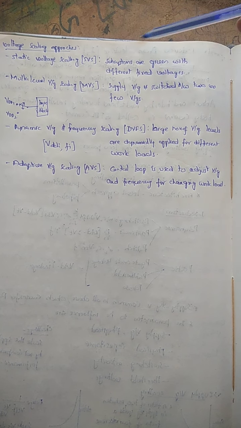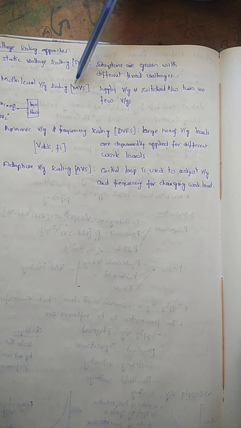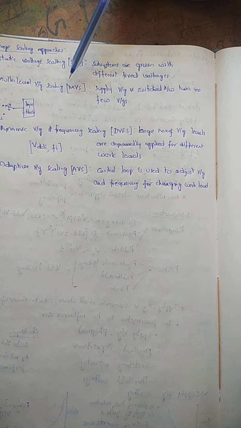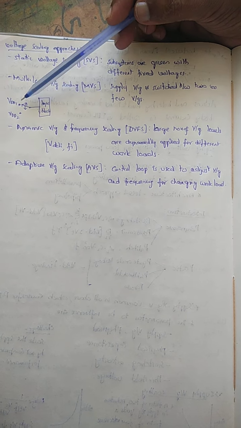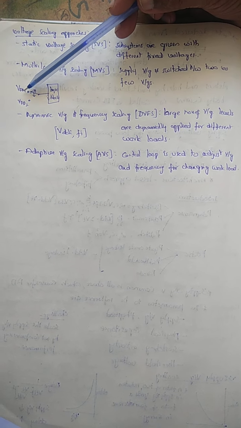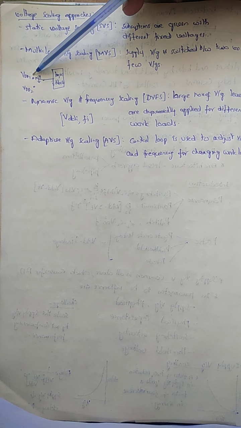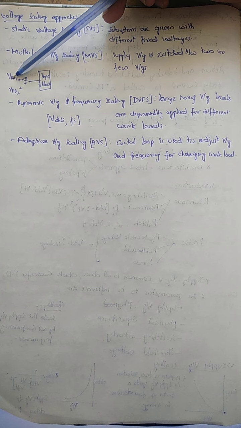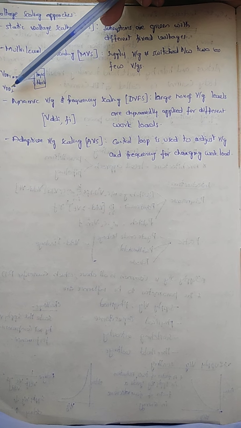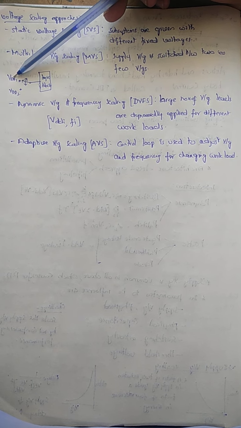Now we will move to the next one, that is multi-level voltage scaling, which we represent with MVS. In this case, first I have considered a logic block. There are two power supplies, VDD1 and VDD2. The supply voltage is first switched to VDD1 and then moves to VDD2, moving between these two fixed voltages.